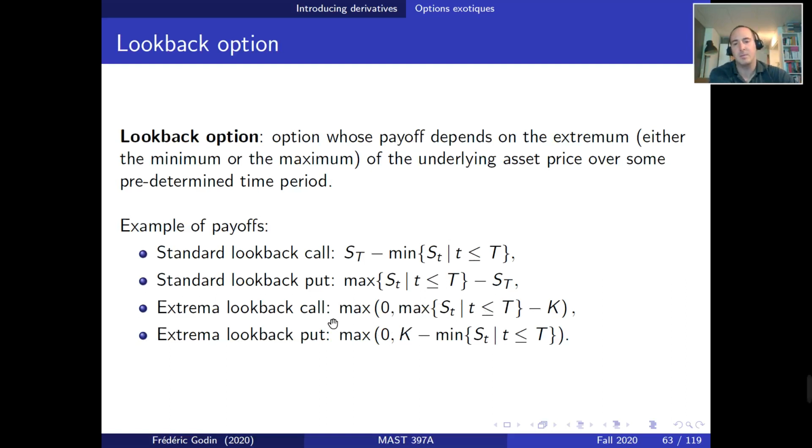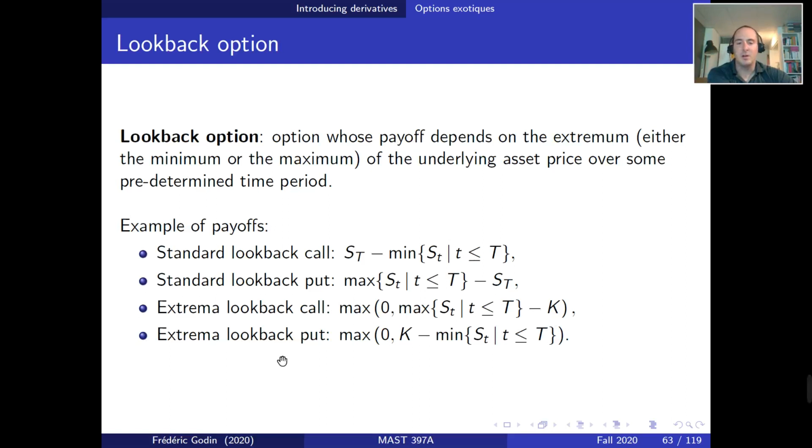The payoff is the maximum between 0 and the maximum of S_t between time 0 and the maturity, minus K. Here we need the maximum between 0 and this quantity because this maximum is not guaranteed to be greater than K. For this reason, we have to take the maximum between 0 and that to ensure that the total payoff is greater than 0.